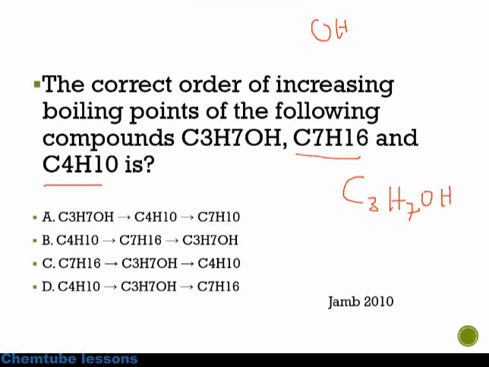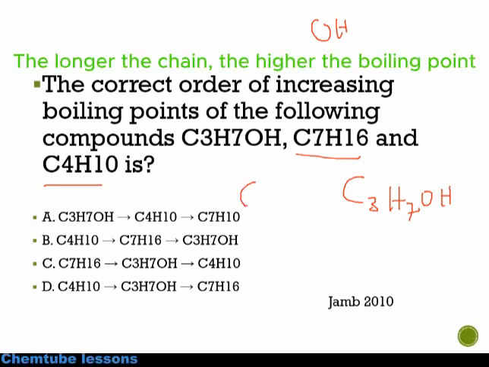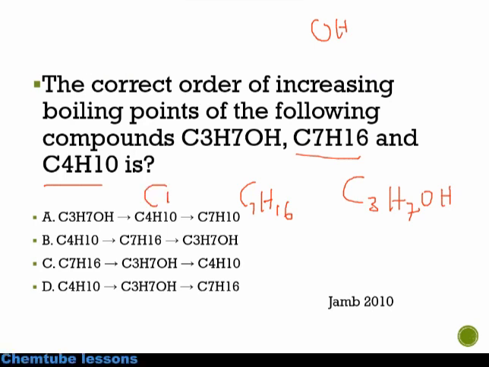So between butane and heptane, when you go down the family of these compounds, the boiling points tend to increase. So that means heptane has a higher boiling point than butane. Okay, so therefore we have something like this. Since they say in order of increasing, the one that would have the highest is propanol, second to it is heptane, then we have butane. So the answer to that question is B.